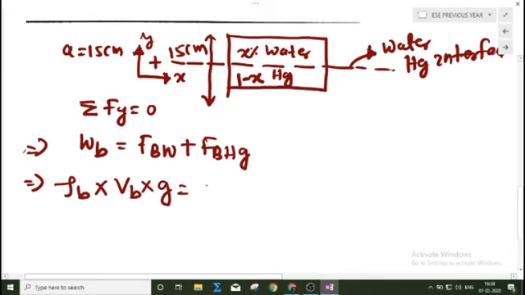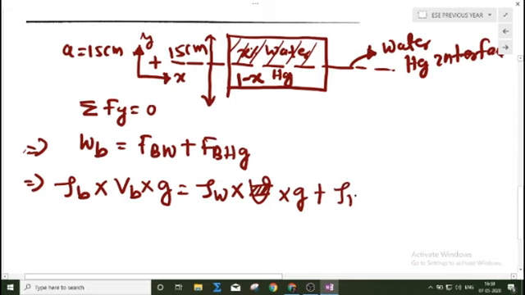What is the buoyancy force? I can write this as density of the water into how much volume of this metal has been submerged in water, into g, plus density of the mercury into how much has been submerged inside the mercury, into g.